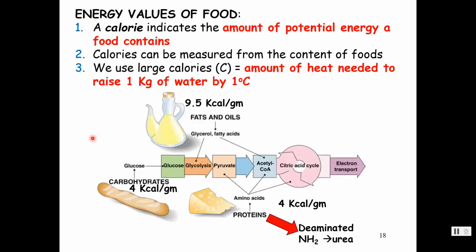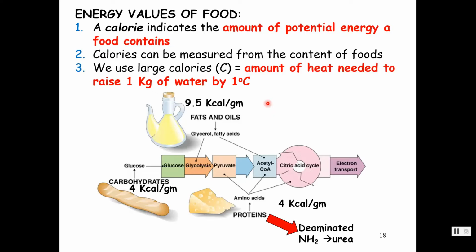Okay, so the TED Talk did a really nice job, so here's just some verbiage for you. So calorie indicates the amount of potential energy food can take. Pointing you to these values. So fats and oils actually have more calories per gram than either carbohydrates or proteins. Proteins are about the same with 4 big calories or kilocalories per gram, and fats have more than twice that.